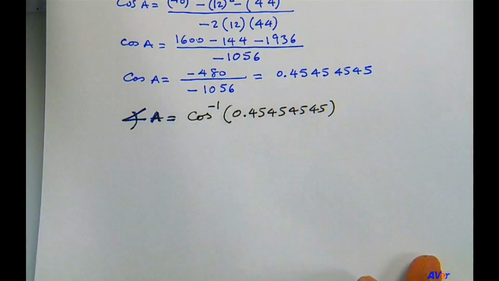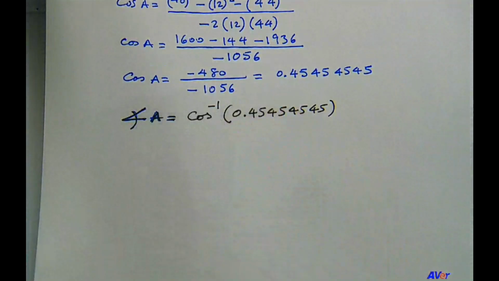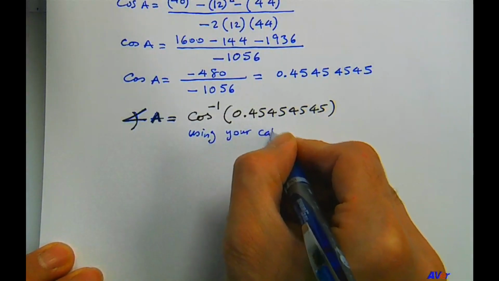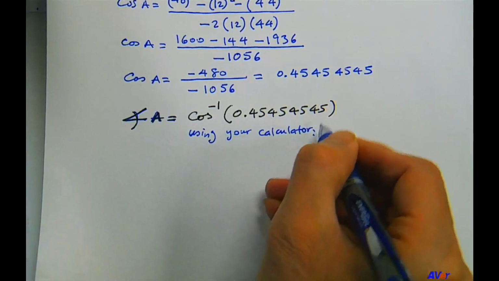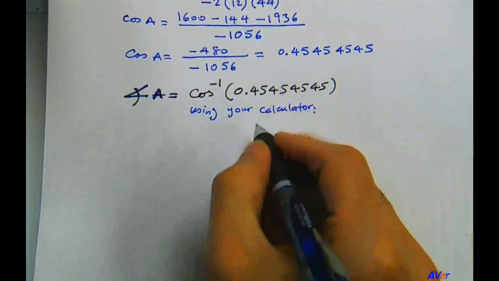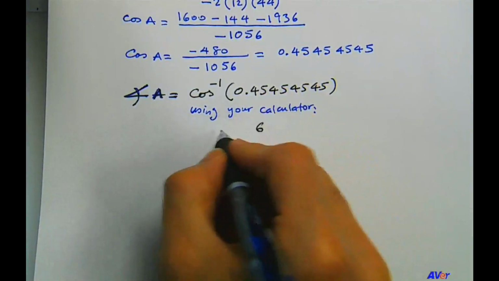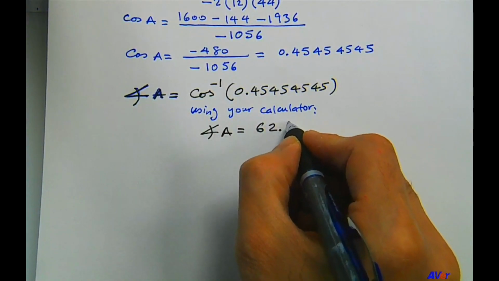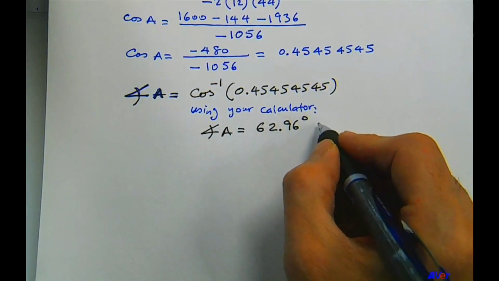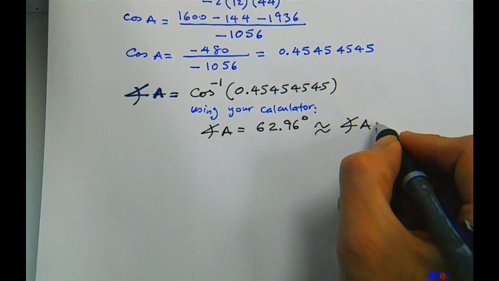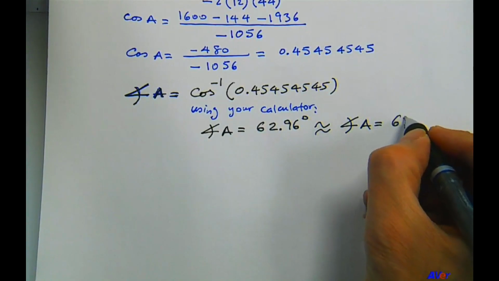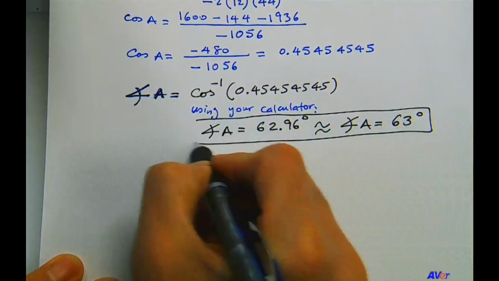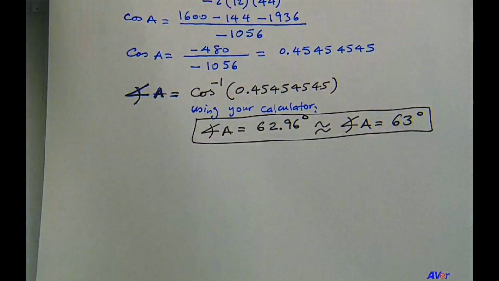Okay, so using the calculator, the measure of angle A is equal to 62.96 degrees, or roughly we can say angle A is equal to 63 degrees. Okay, that's the measure of angle A.